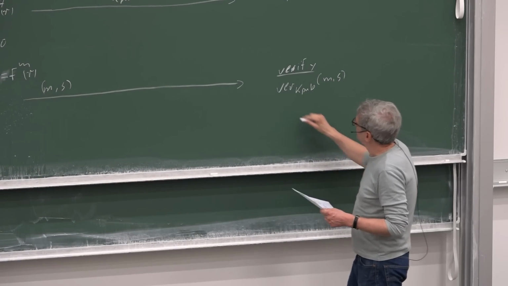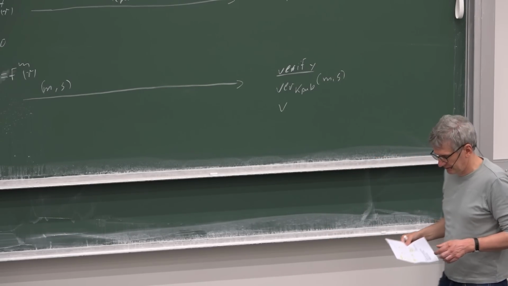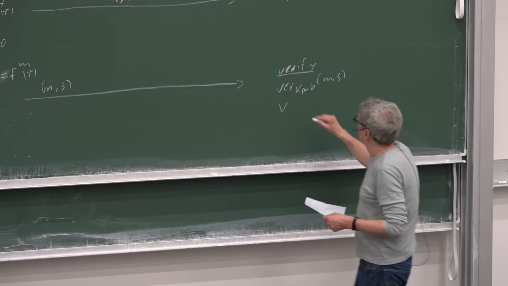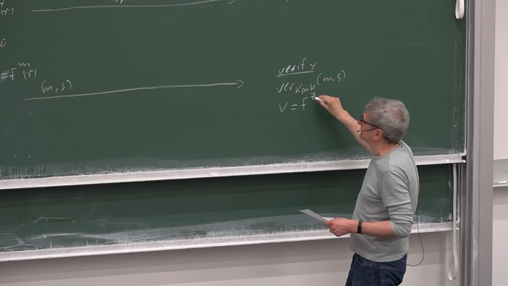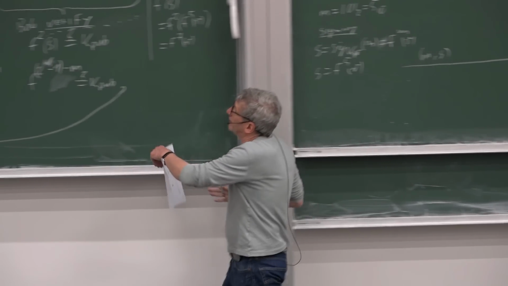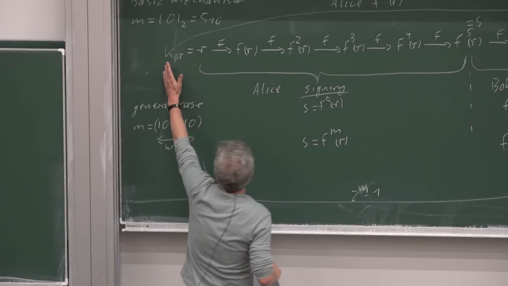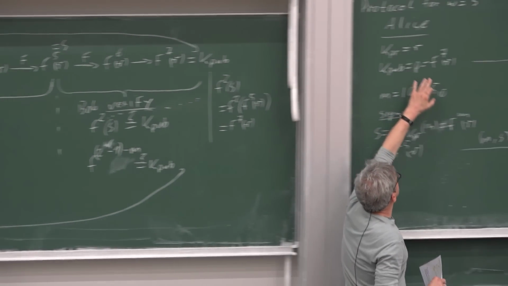And what is the verification? We have an auxiliary variable, which is f to the 7. Where's the 7 coming from? This is the maximum value, right? For 3 bits m, the maximum value is 7, right? This is what we did here.